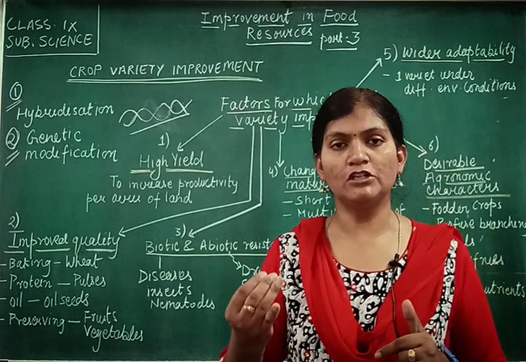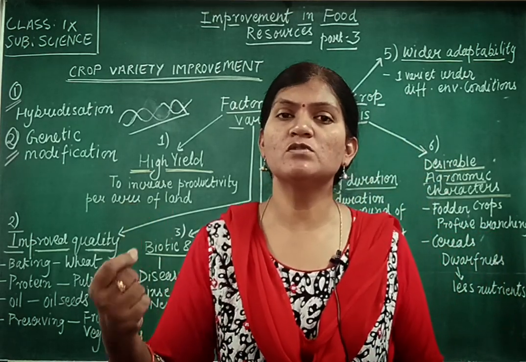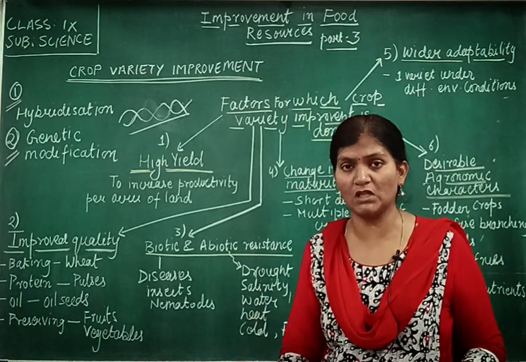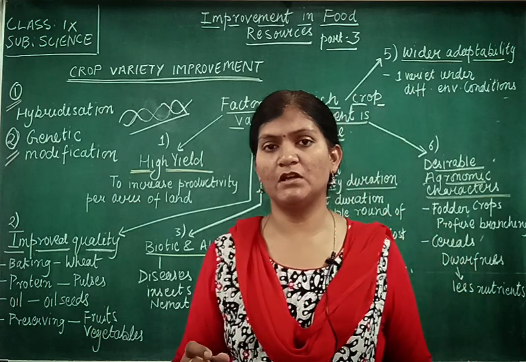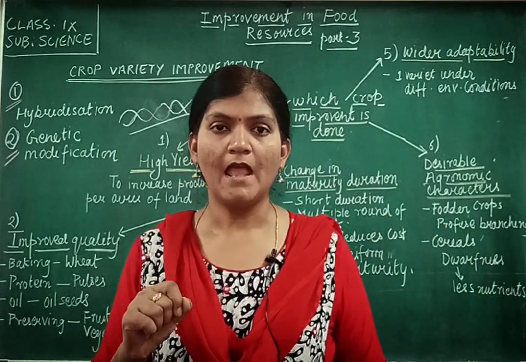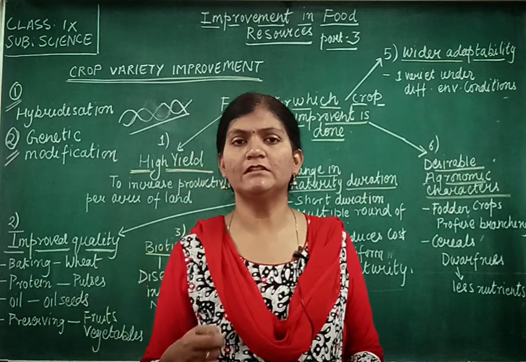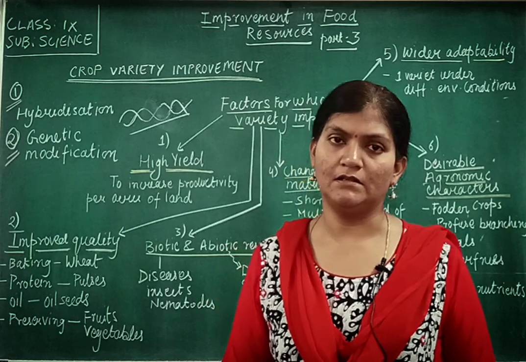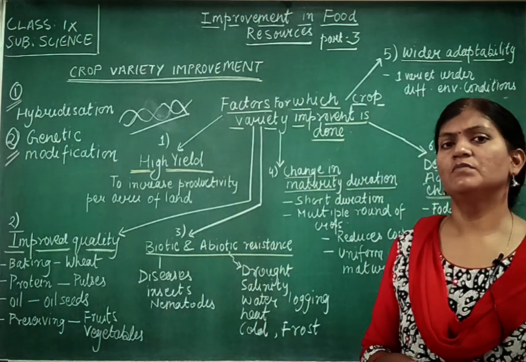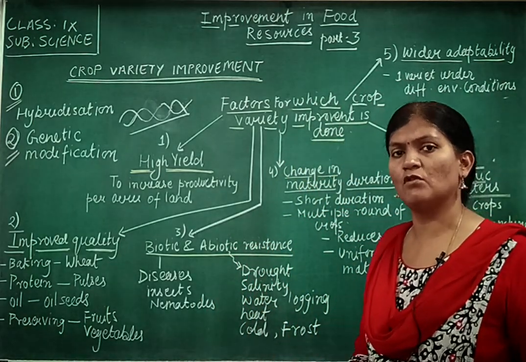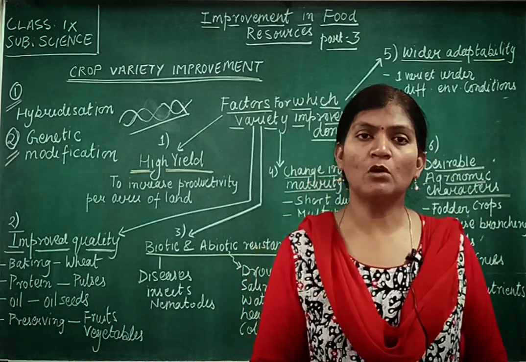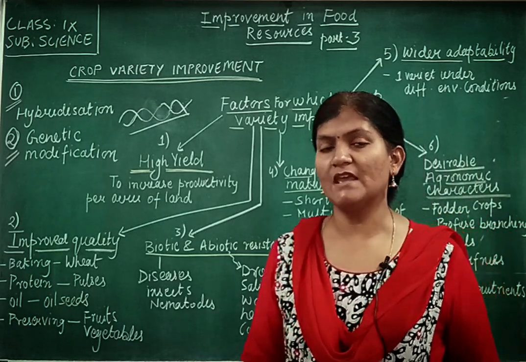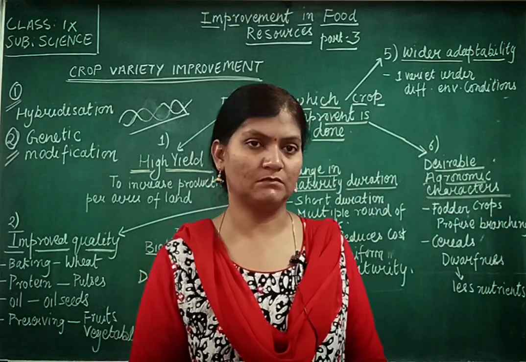As a result, when the new variety starts fruiting, the new wheat grain produced will be of bigger size, and the carbohydrate percentage will be higher. This is how we produce new varieties of crops by genetic modification, and the crops produced by this method are known as genetically modified crops.